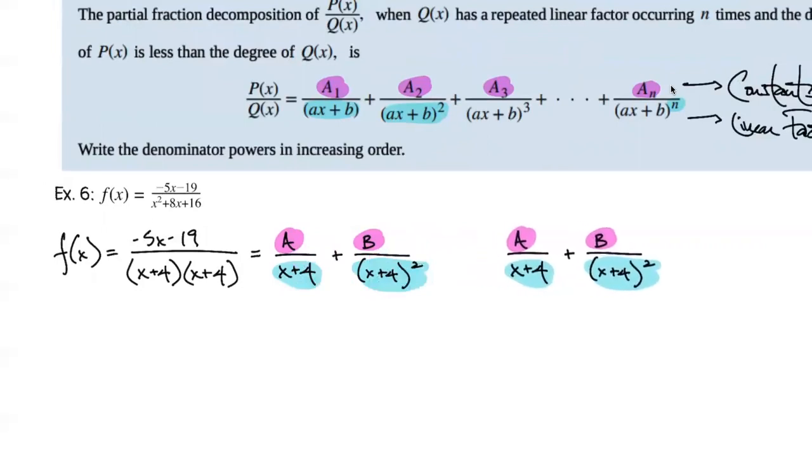But if we wanted to add these fractions together, we would need a common denominator. And so I'll ask you the same question I asked you last time, which is, what do we need to multiply by to get that least common denominator?